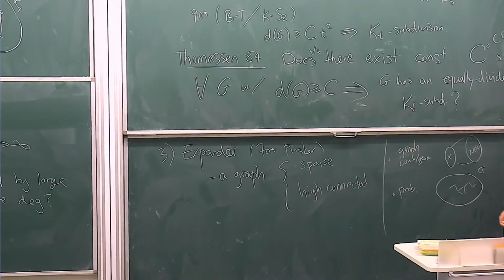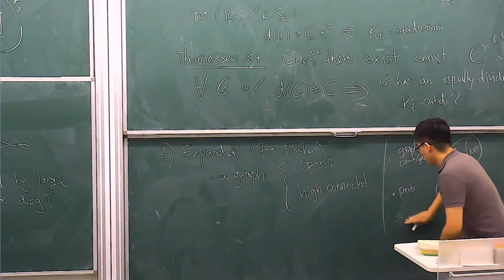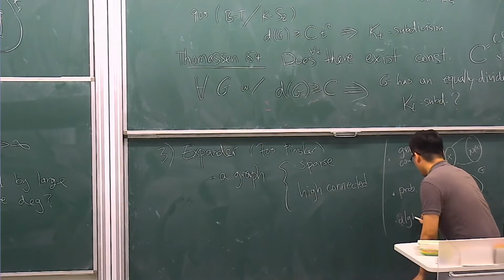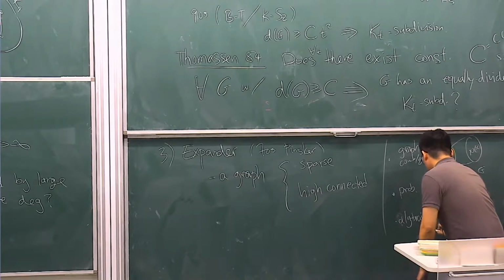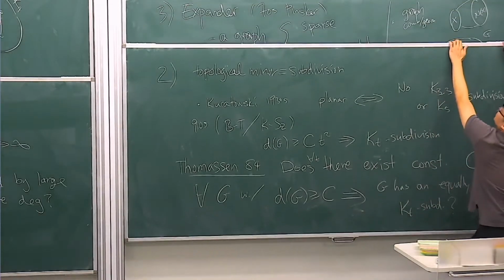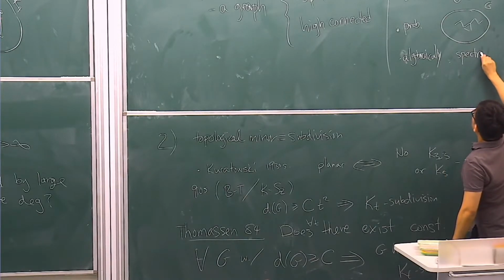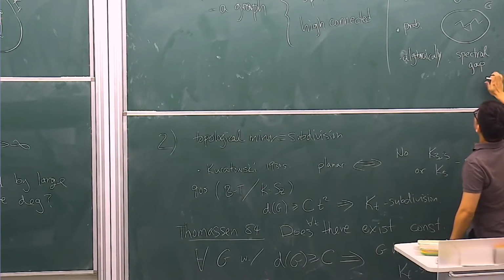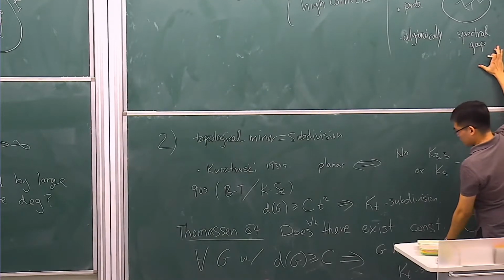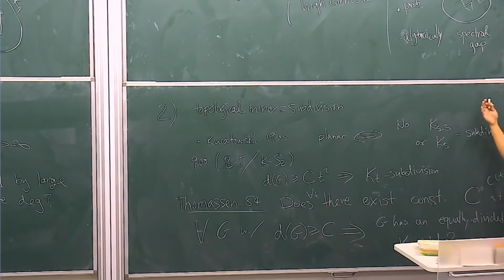You can also define it linear algebraically, by looking at its adjacency matrix and seeing if there's a spectral gap. So already from this fact, we can see that it has connections to many different branches, and different tools can contribute to the growth of this notion.